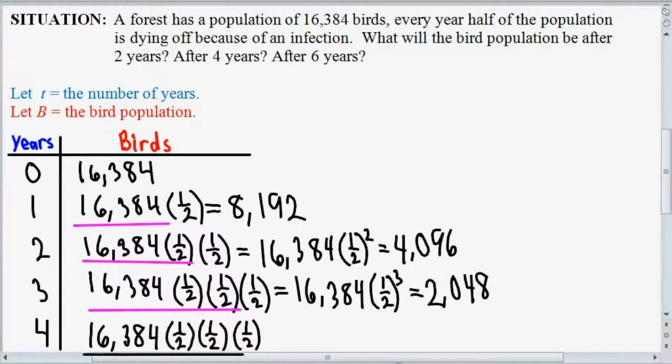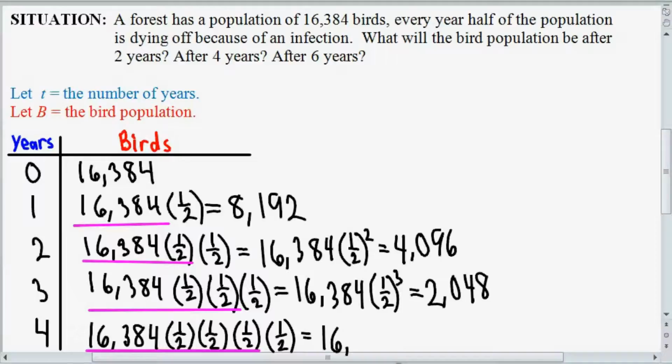This number here represents the bird population of 2,048, which we will then multiply again by 1/2, as half of the bird population dies off every year.